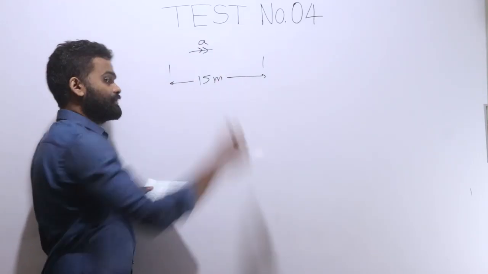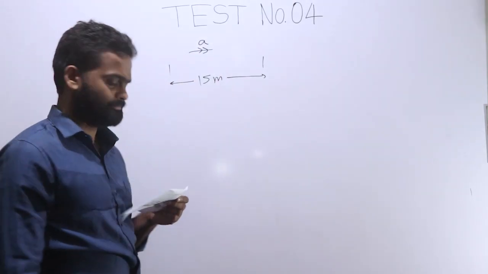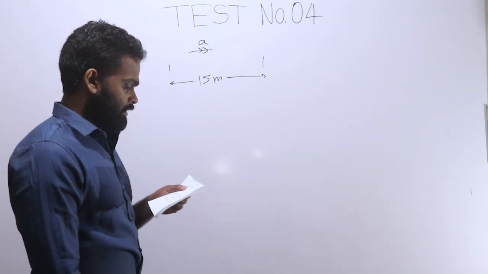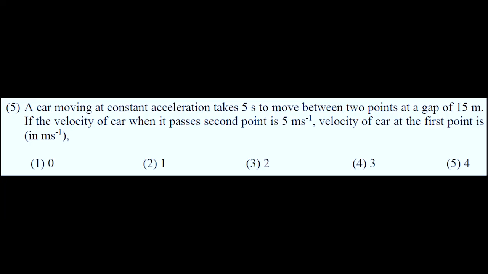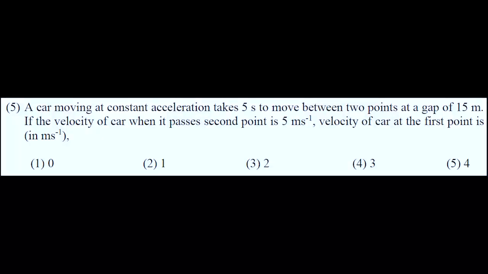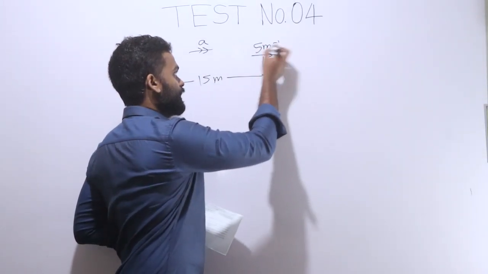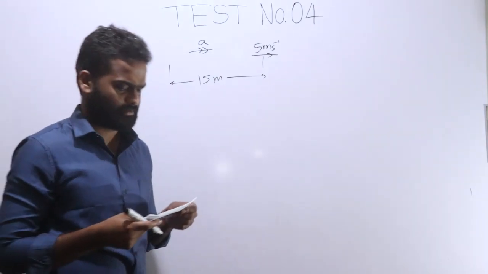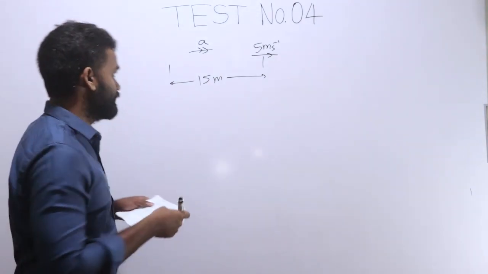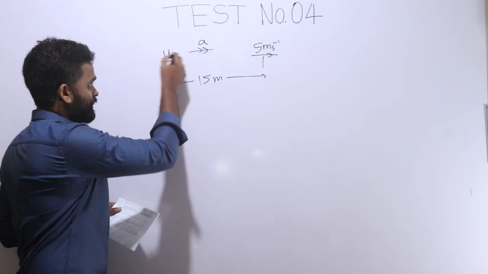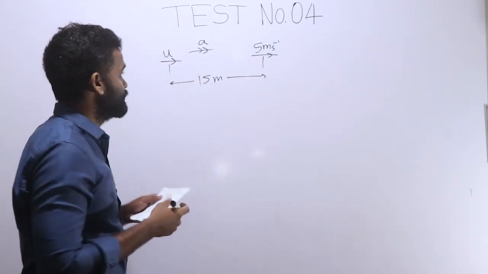Let's say the acceleration is A. If the velocity of the car when it passes the second point is 5 meters per second, so at the second point the speed of the car is 5 meters per second. They are asking for the velocity at the first point. Let's say that is u.